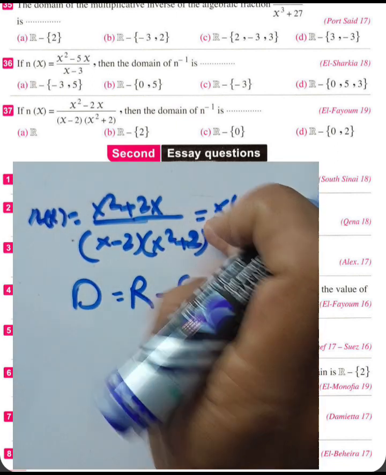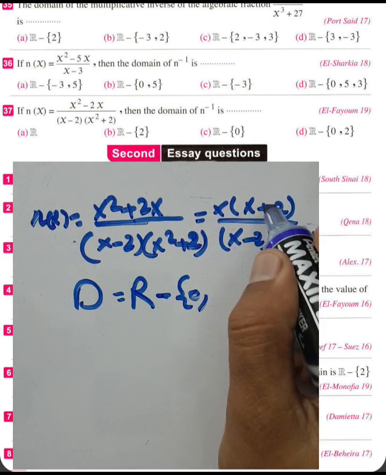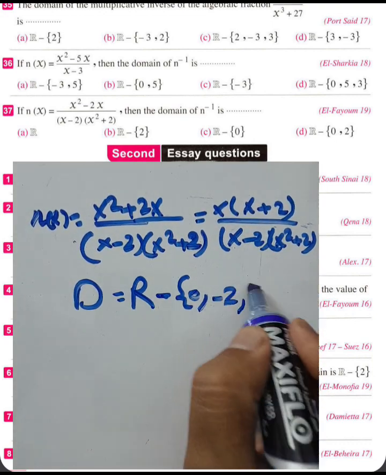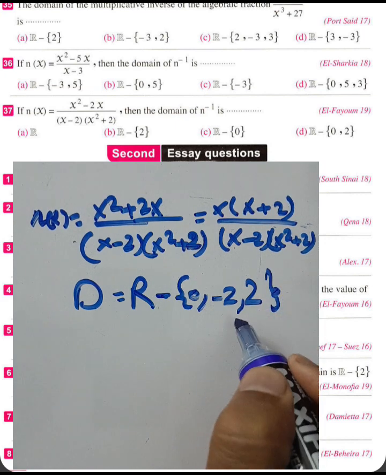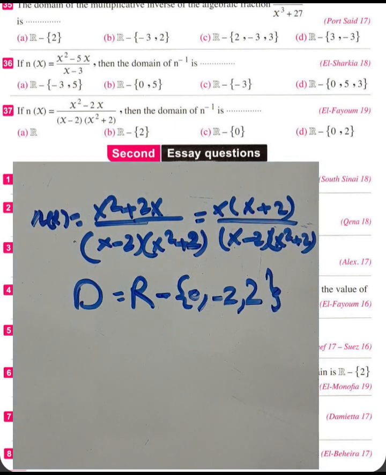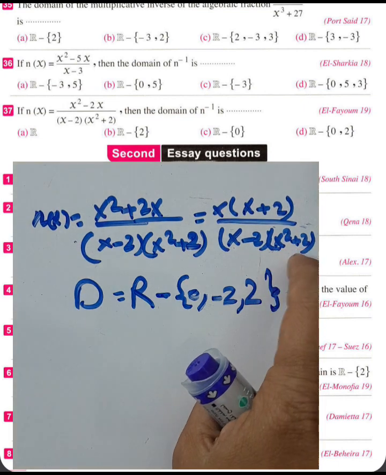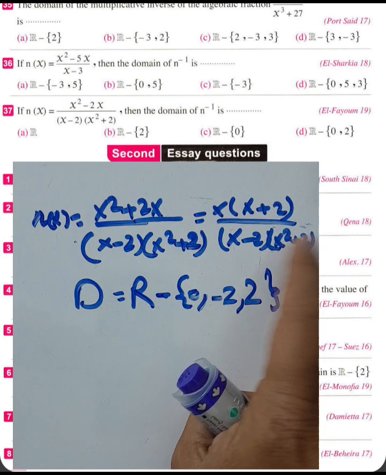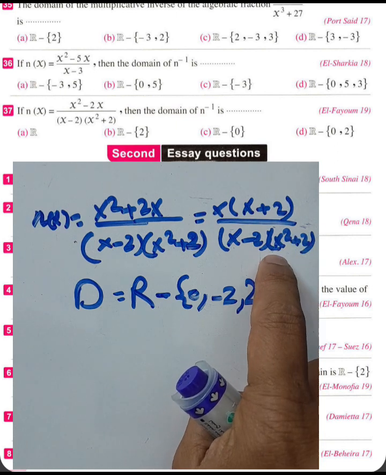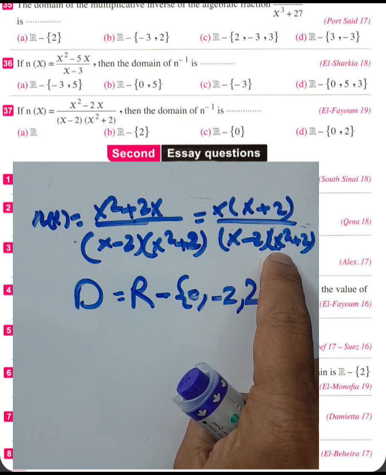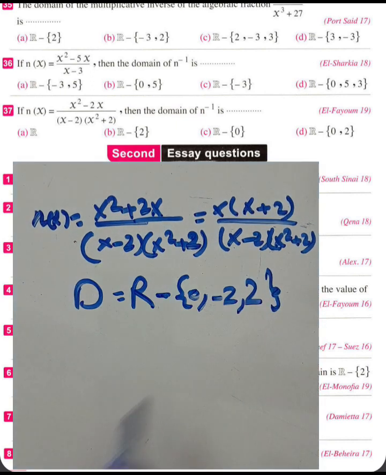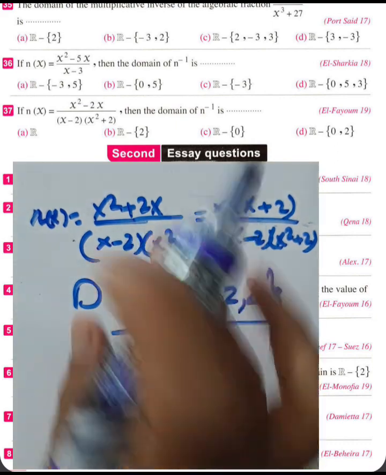Zeros of the numerator: x will be 0 and negative 2, and in the denominator write 2 only. Then the domain will be R subtract the set of 0 and negative 2 and 2. We know x power 2 plus 2 has no zeros, because x power 2 plus 2 is not equal to 0. If you put a number at x, the result will be positive. Okay, then the domain will be R subtract 0 and negative 2 and 2. Is 0 positive or negative? It's negative, sorry, the result here was negative.